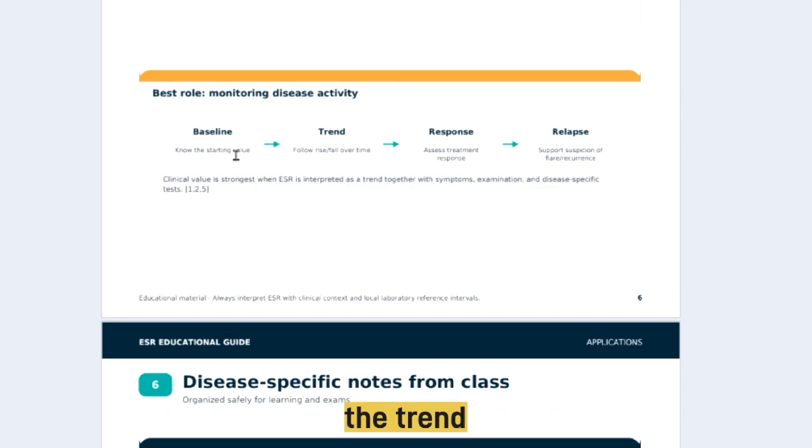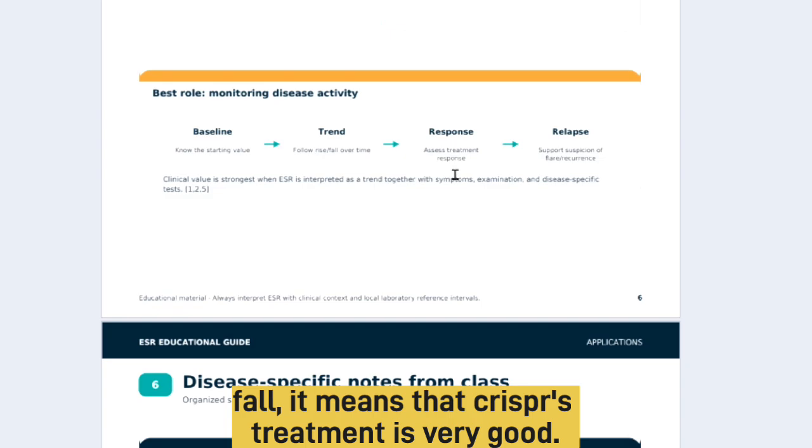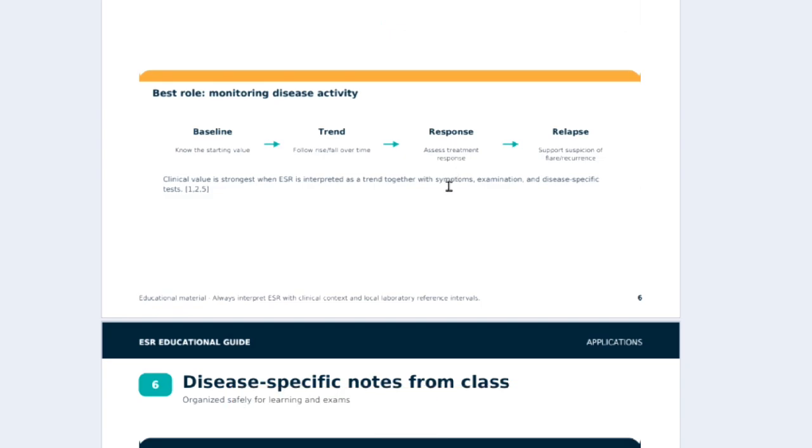What is very important for me is that, first of all, you should think about a baseline ESR, then the trend and follow-up reveal whether it rises or falls under treatment. If it falls, it means the response to treatment is very good, and if it is unfortunately still high or increased, it means the treatment doesn't work well.